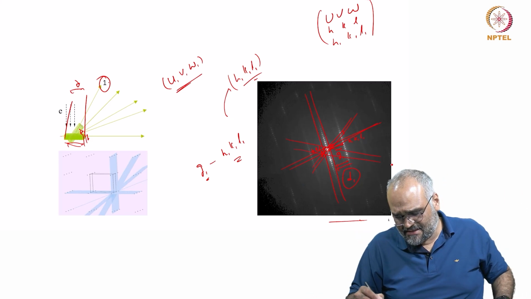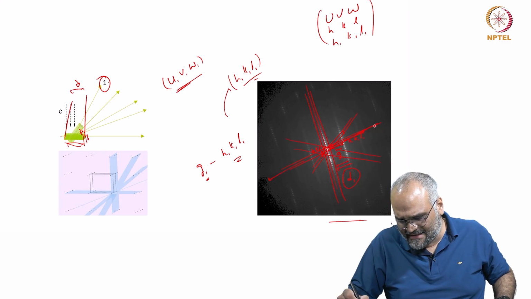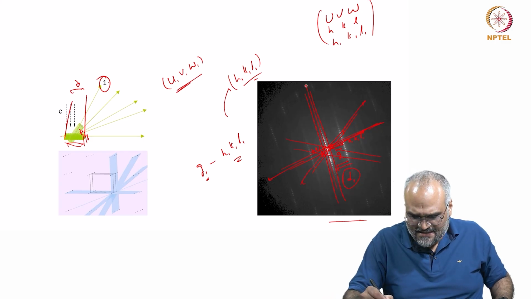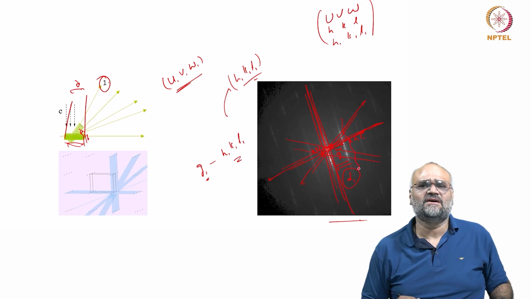I should intentionally maintain this axis constant and go to another node in either this or this or this direction, such that this particular set of reflections always remains constant.